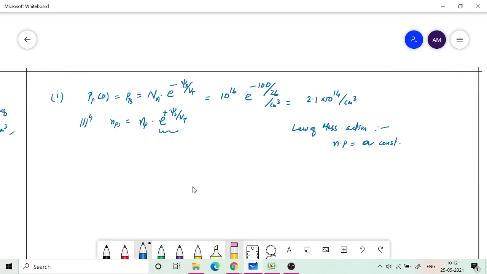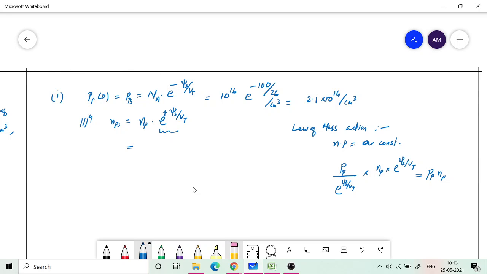So you can say PP divided by e raised to psi s by Vt, and then your NP should increase by e raised to psi s by Vt, so that it will be the same as PP NP. So these two will cancel off. One is with a minus sign, the other with a plus sign. And what is NP?